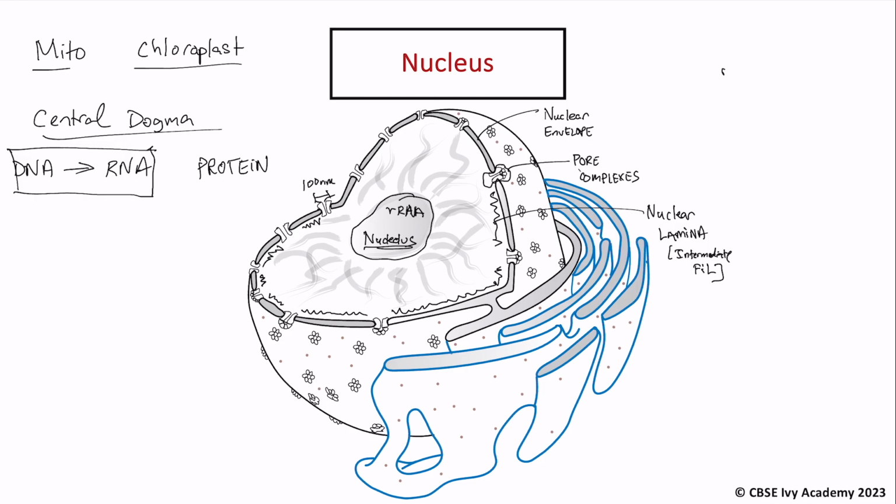The second part, the translation of RNA into protein, will generally occur outside of the nucleus on the rough ER or in the cytoplasm. We'll discuss that in more detail later. So that is the nucleus, and we will go ahead and clear the ink and ask you your first three questions for this topic.